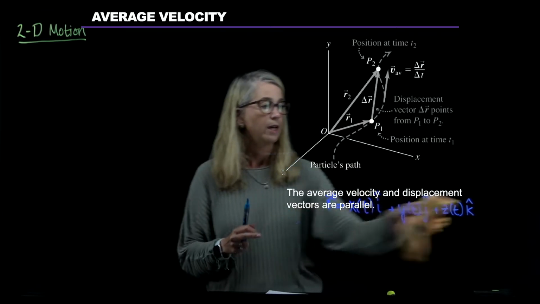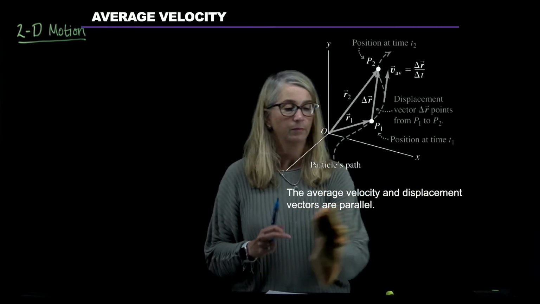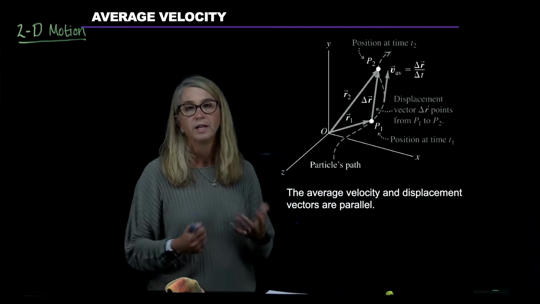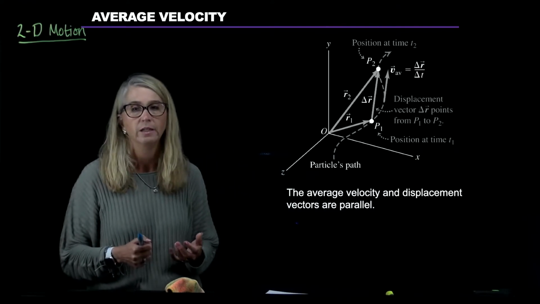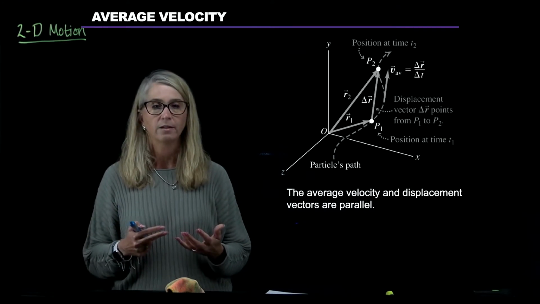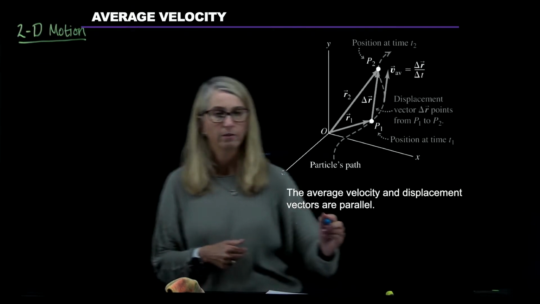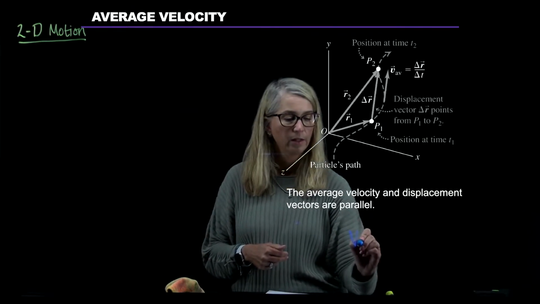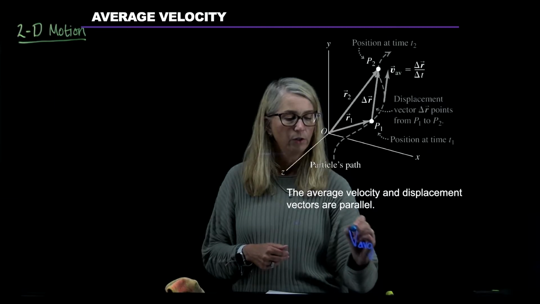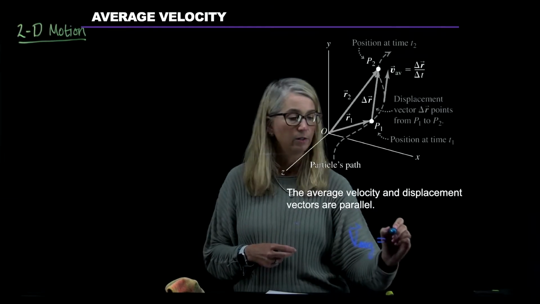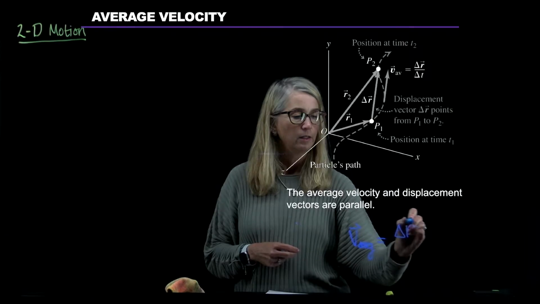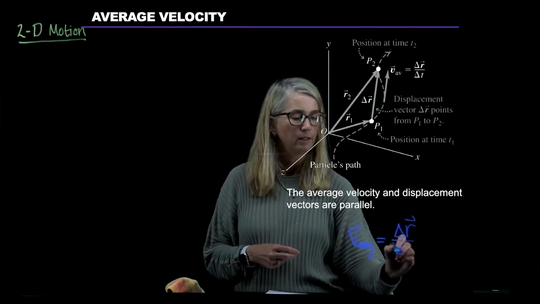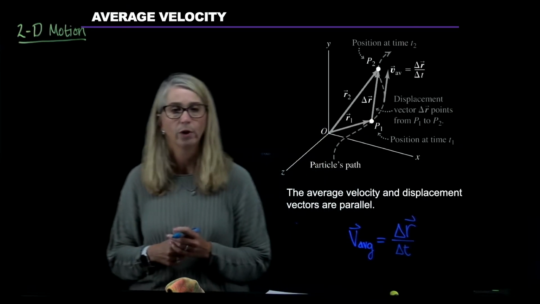So let's get rid of that. So the next thing that we want to think about is the average velocity. The average velocity, of course, is really no different than it was defined previously. It's just that now it can have more than one component.